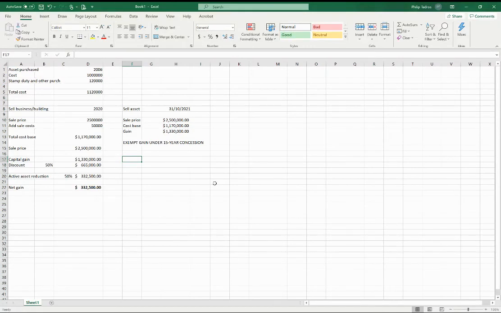Now, again, from the previous capital gains tutorial, if you have a self-managed superannuation fund, SMSF, this net capital gain will only be taxed at 10%. So 10% of 332,500 is $33,250.